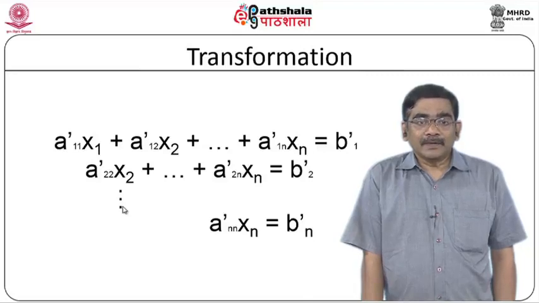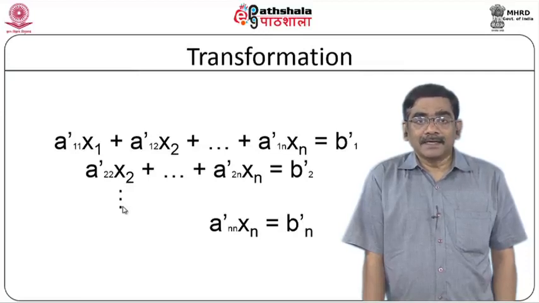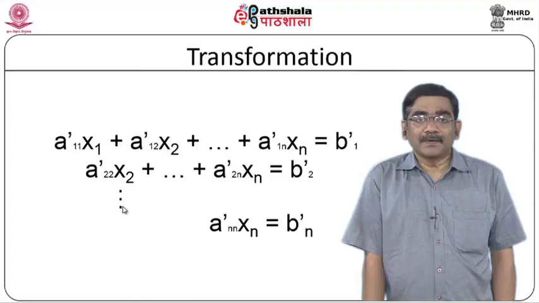Then we are going to keep A22 and eliminate all the corresponding coefficients in other equations. Continuing in this manner, the last equation is going to be Ann xn equal to Bn prime. So, this is what the transformed problem is going to be.